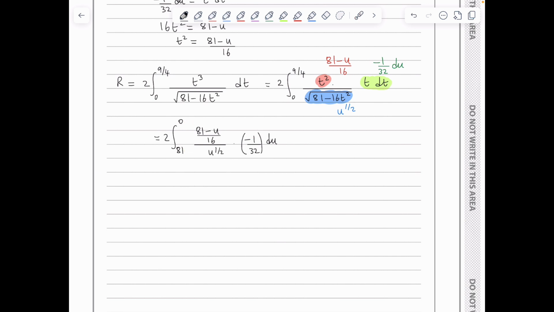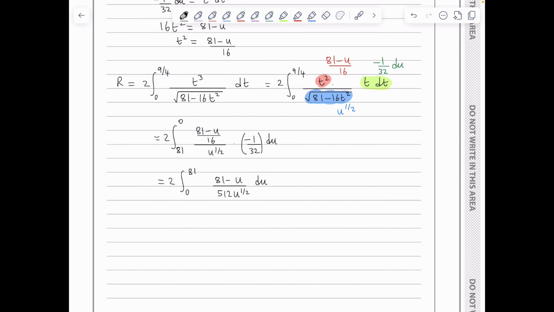So we're looking at 2 times the integral from 0 up to 81, and then the 16 here times the 32 gives me 512. So in the numerator we've got 81 minus u, and in the denominator we've got 512 u to the half du.